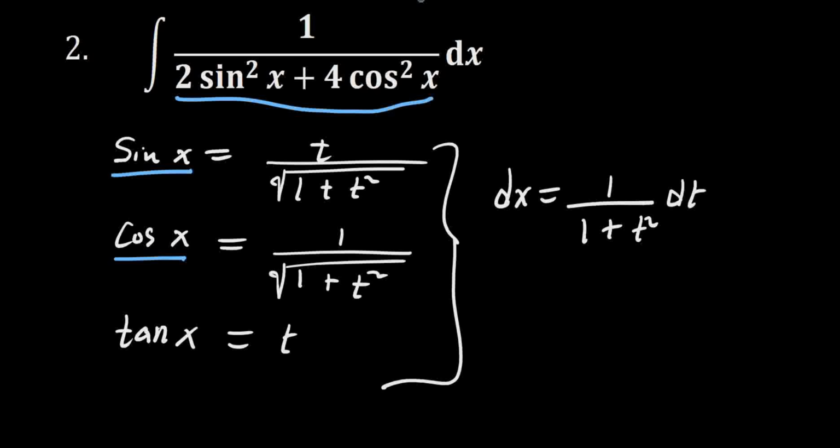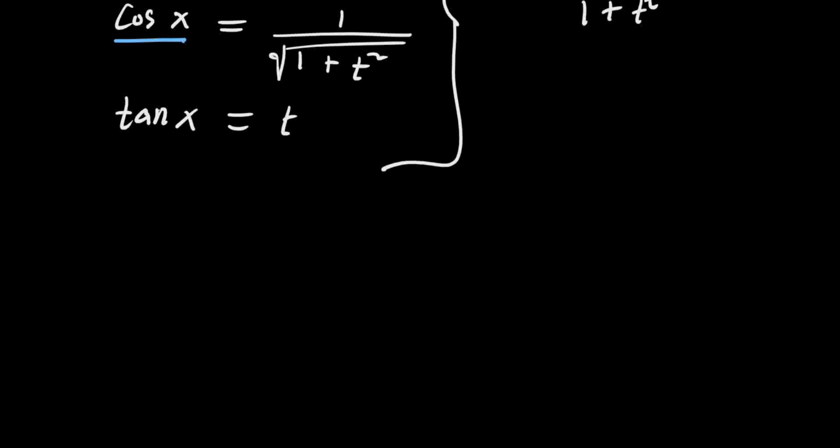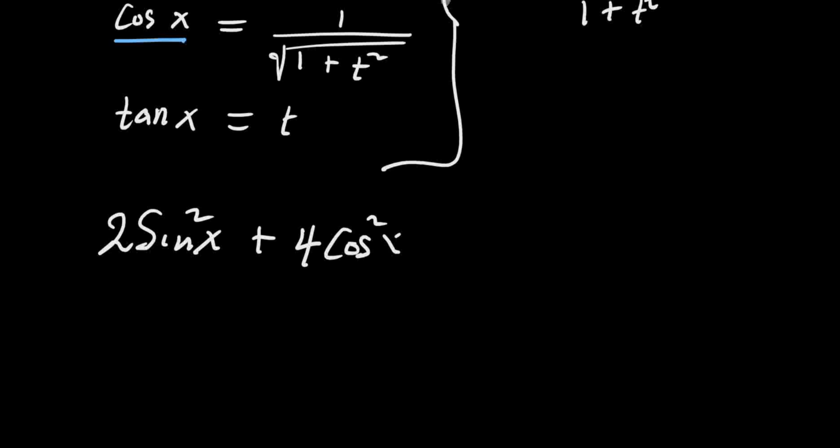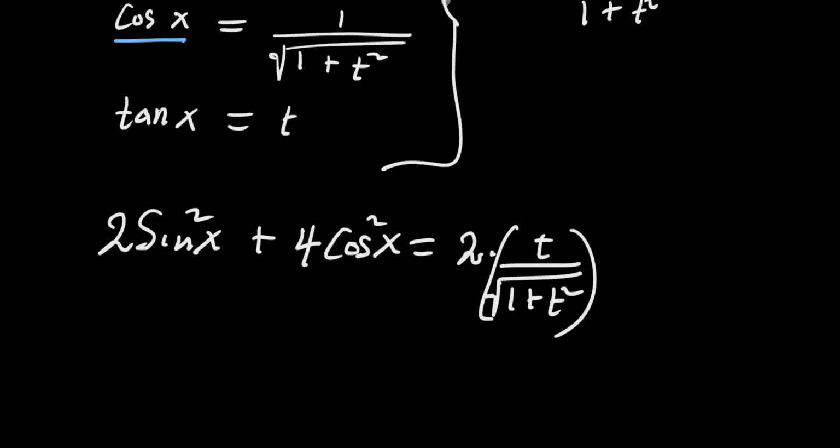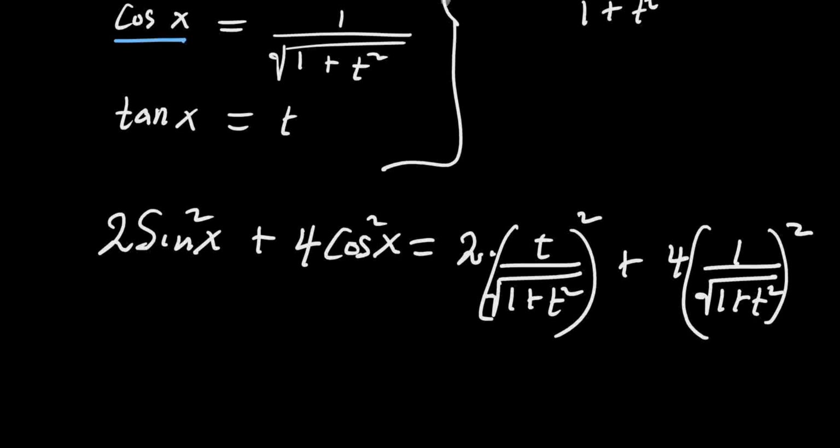So that means 2 sine squared x plus 4 cos squared x will be equal to 2 times t over root 1 plus t squared, in parentheses, squared, plus 4 times 1 over root 1 plus t squared, also in parentheses, squared.